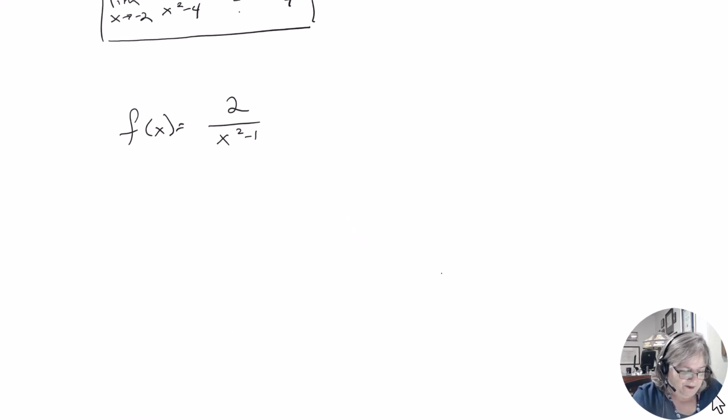Now, we know that around 1 and -1, there are vertical asymptotes at x is plus or minus 1, because from our college algebra class, right? So what I want to do is talk about the limit as x gets closer and closer to 1.